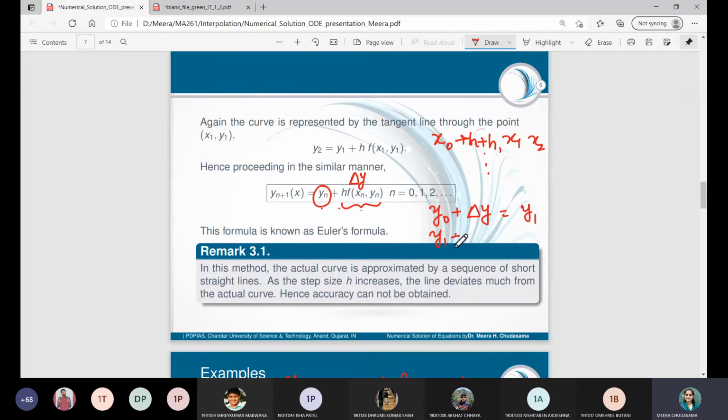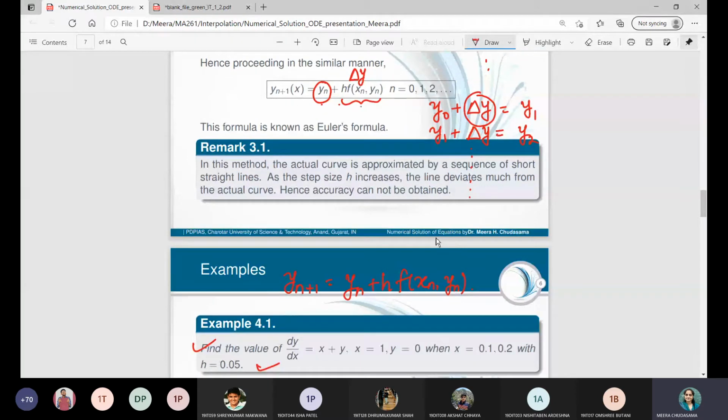Then to y1, again you compute the increment delta y, you will get y2 and so on. But the question is, what is this increment delta y? Increment means a small change in y, so it may be positive, it may be negative, right? So let us consider this increment in y.